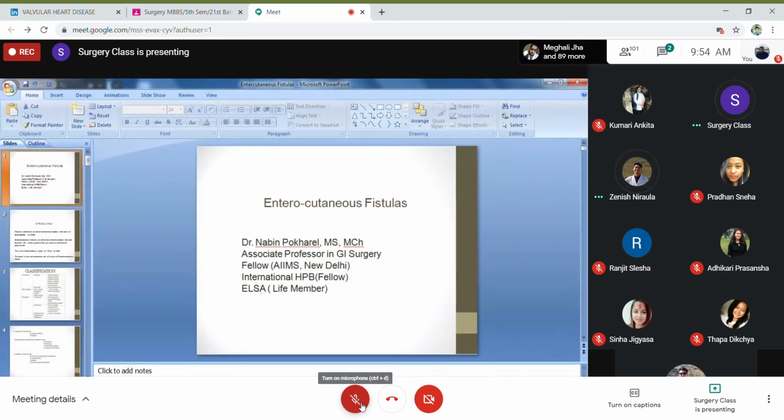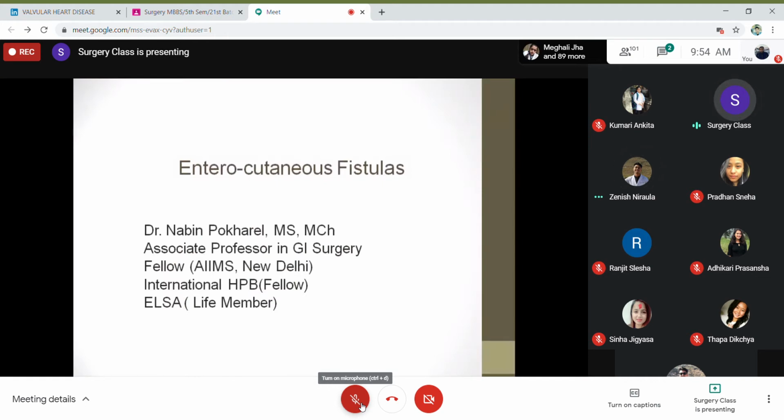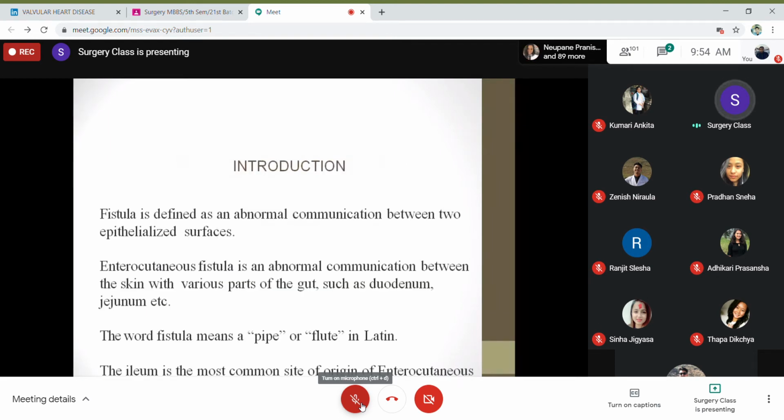Okay. So today we'll be discussing enterocutaneous fistula. Actually, a fistula is a communication between two epithelial surfaces. You know the definition from the basic sciences.